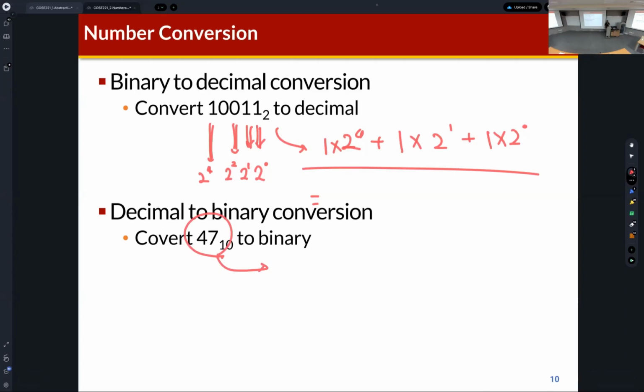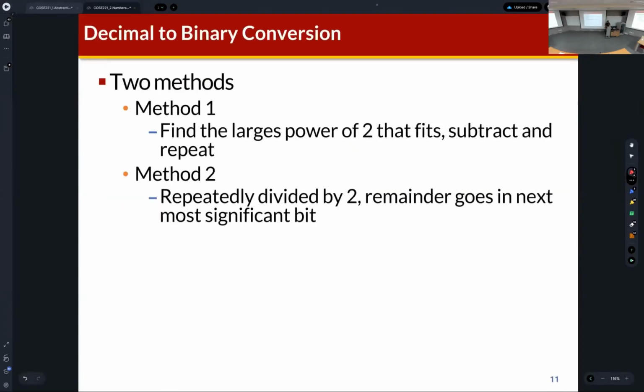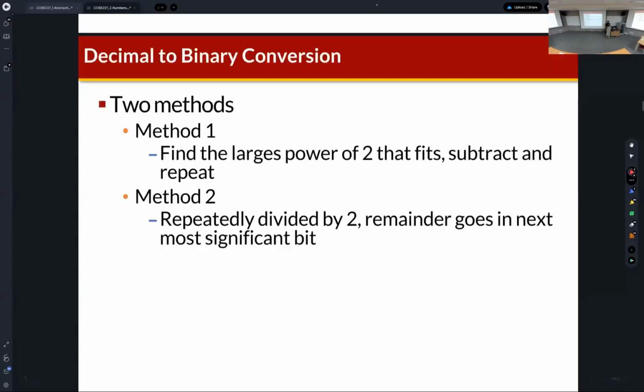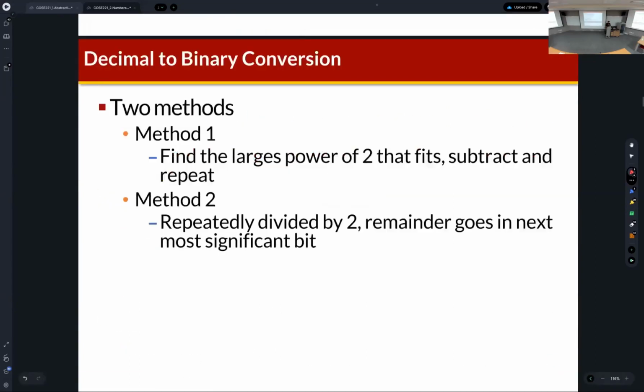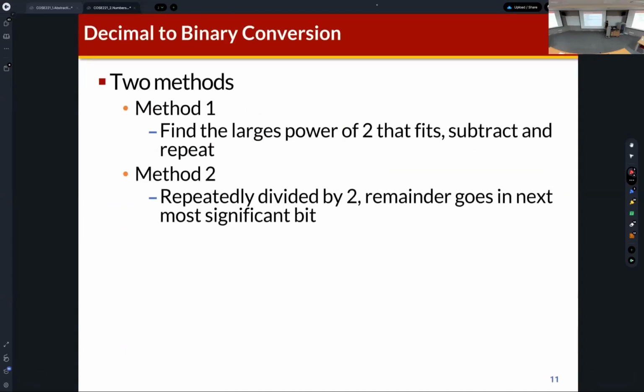And then how to convert a decimal number to binary. I believe you already learned about decimal and binary numbers in middle school or elementary school. Actually, there are 2 methods for the binary conversion, which means we can convert a decimal number to a binary number using these 2 different methods.